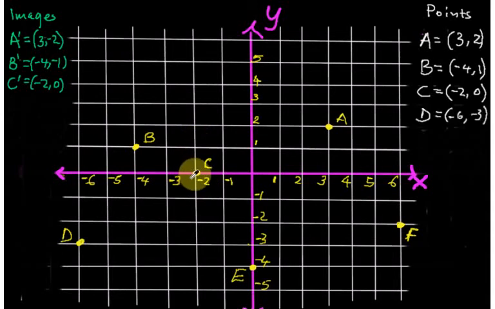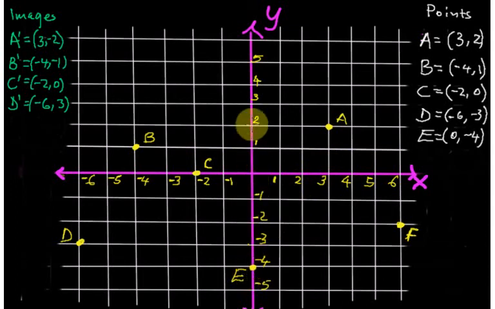D is (-6, -3). Where is our D here? -6, then -3 down, (-6, -3). The image will be seen up here, so the image will be (-6, 3). And then we have E, which is (0, -4).